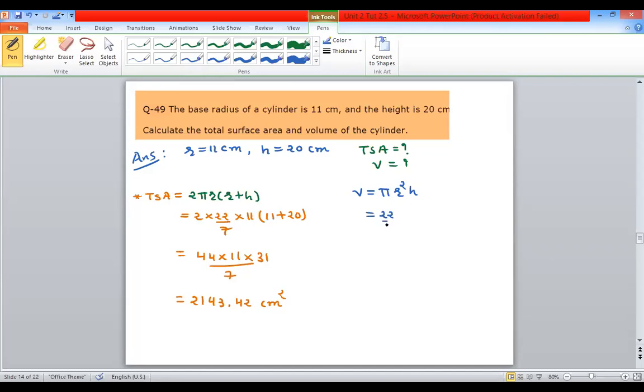Now their volume is pi r square h. Pi is 22 by 7, r squared, r is 11, 11 into 11 into height. Height is 20 centimeter. Take the product and divide by 7.